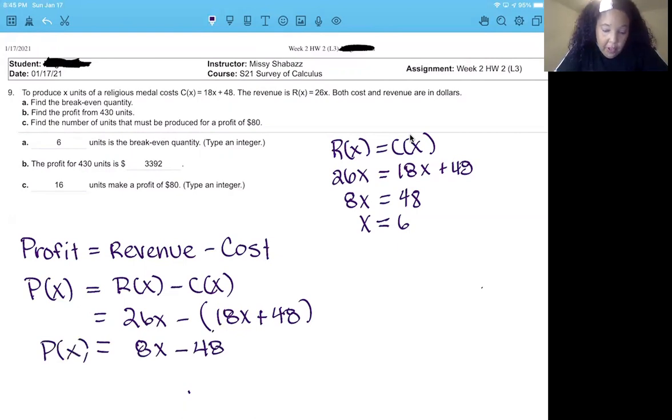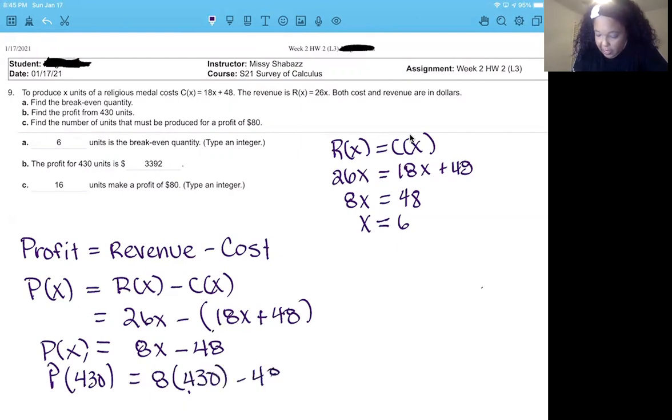So find the profit from 430 units. So P of 430 equals 8 times 430 minus 48.